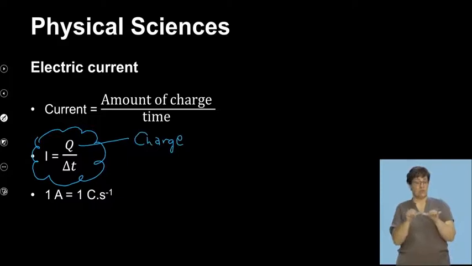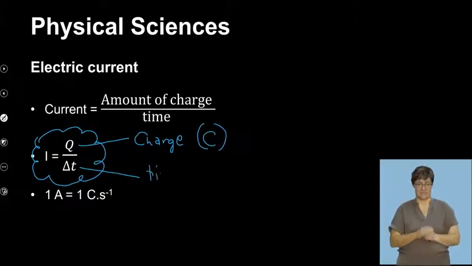Charge is measured in coulombs, while time is measured in seconds. This is the time interval through which a certain amount of charge passes through a point.